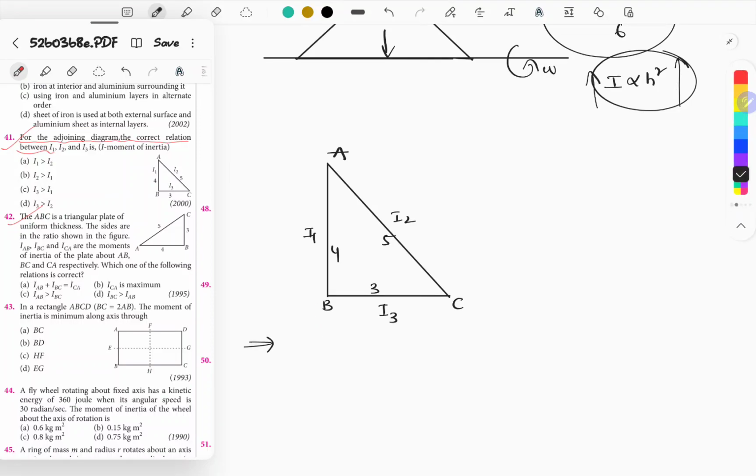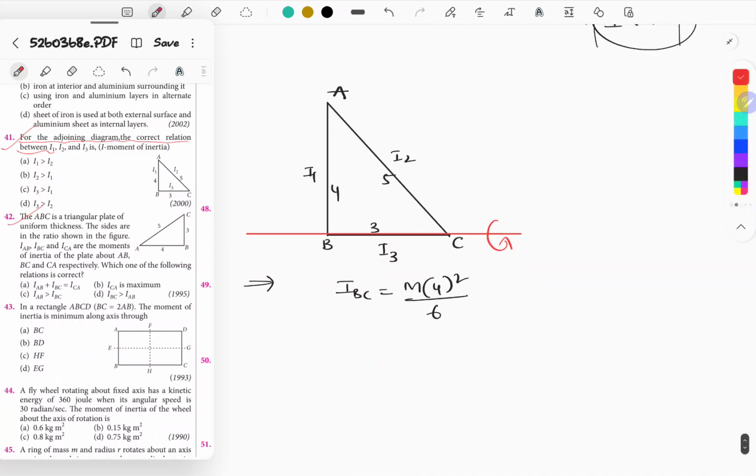Let me write this down. If I take BC as a reference, moment of inertia is going to be m 4 square by 6, right? So this is the reference. Moment of inertia about this, IBC, is equal to m h square, and h square is 4 square by 6. Next, if I take AB as the reference, then what is going to be the moment of inertia?